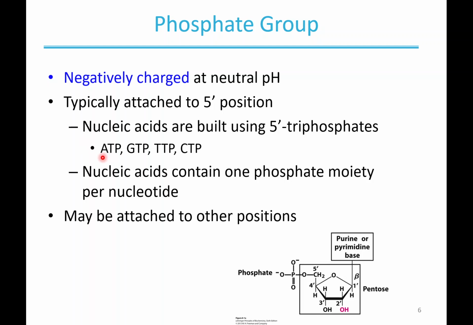Those would be designated as ATP, which stands for adenosine triphosphate, GTP, TTP, and CTP. Those are the 4 bases of DNA. Nucleic acids, when they are built in chains, have one phosphate group per nucleotide in that chain. There are also phosphate groups that can be attached to other positions.